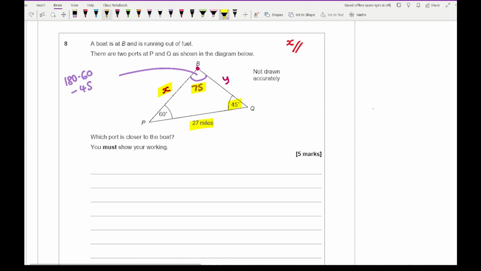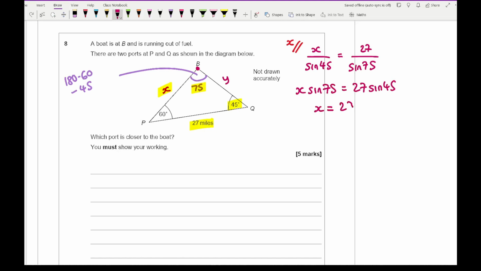So then x over sine 45 equals 27 over sine 75. Cross multiply and I get x sine 75 equals 27 sine 45. Then x equals 27 sine 45 divided by sine 75.